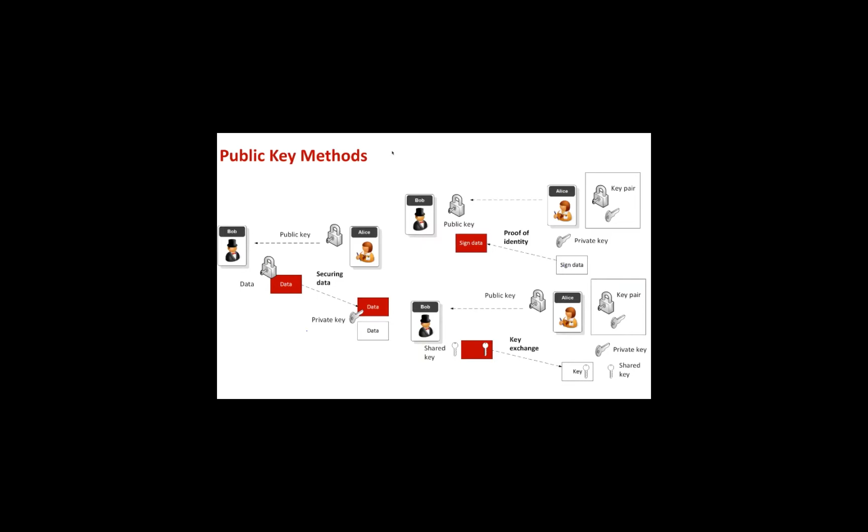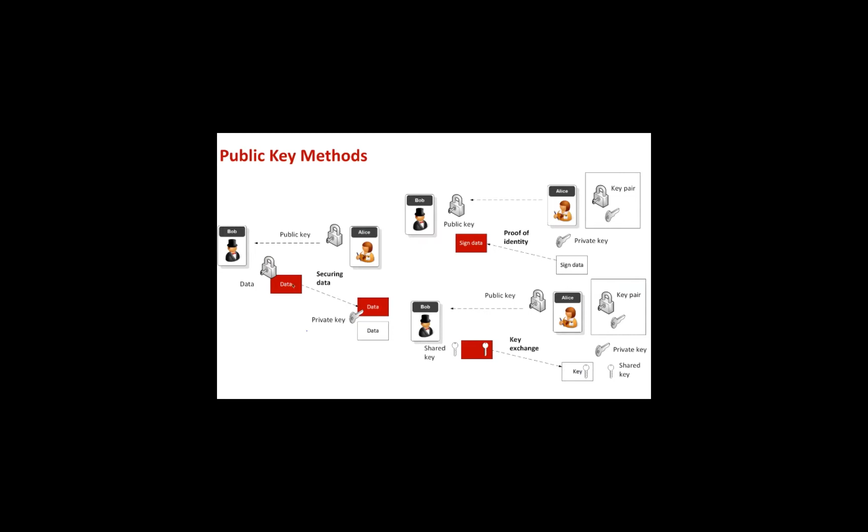So public key is used in three main places. So with public key, we use two keys, a key pair. We use one key to encrypt and only the other key can decrypt. We can use them either way around, and we typically define one as a public key that we can distribute to anyone, and the other one is a private key which we keep secret.